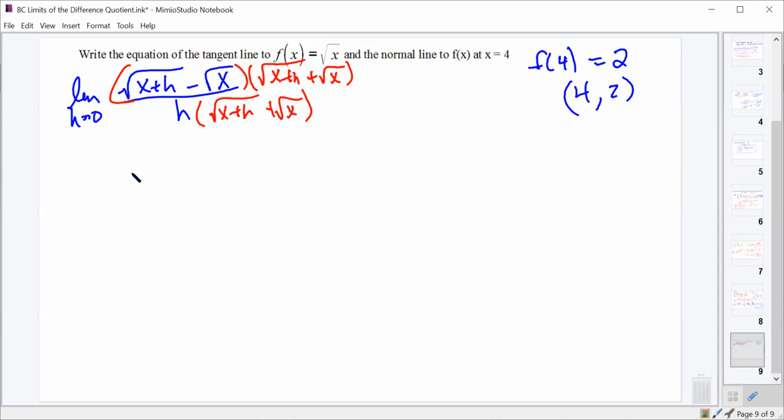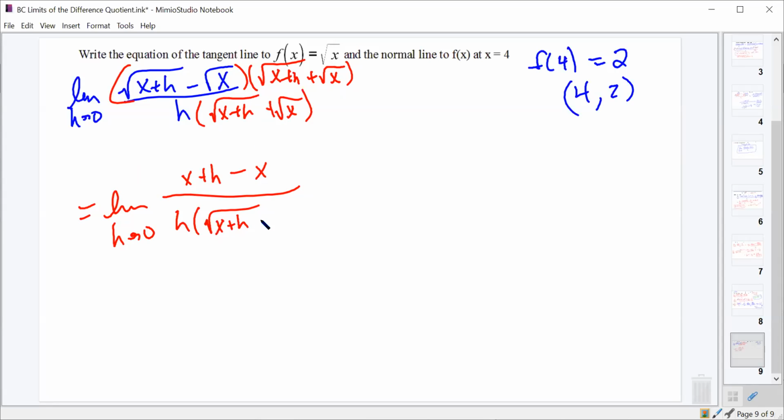Which in the numerator gives us root x plus h times root x plus h, which is just x plus h. And then root x plus h times root x, and then minus root x times root x plus h will cancel, and then we end up with minus root x times root x, or just minus x. And in the denominator, h times root x plus h plus root x.